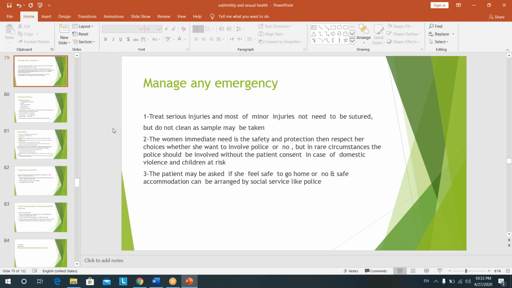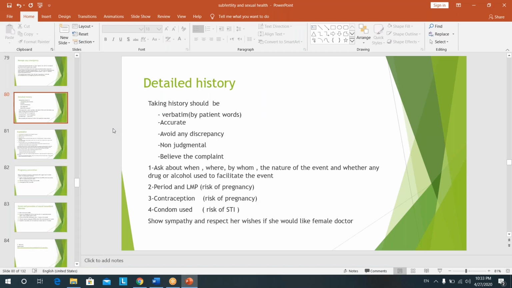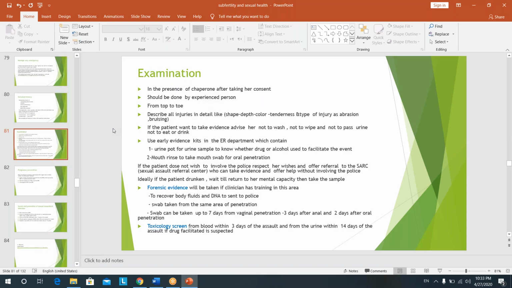Dr. Ali, there is a situation to inform SARC, and there is another situation for Mosaic. Yes, as we said, Mosaic is a support group website, but the SARC is an agency, the Sexual Assault Referral Center.